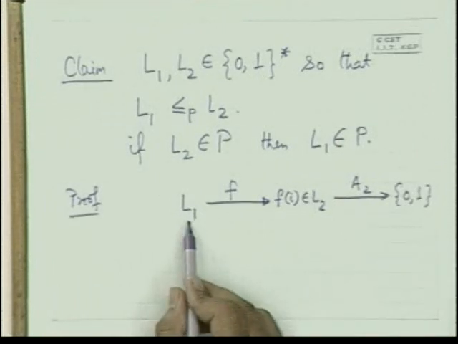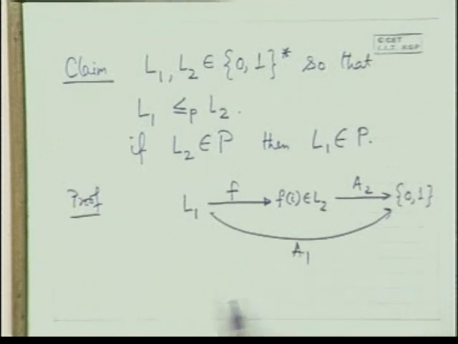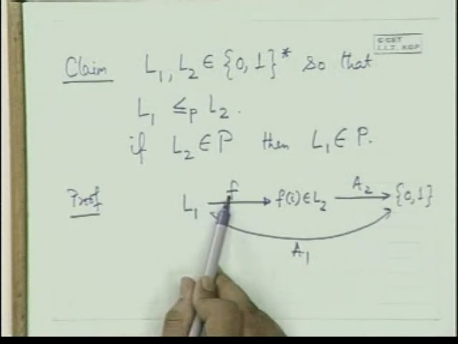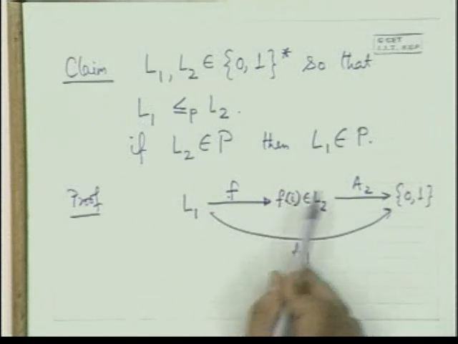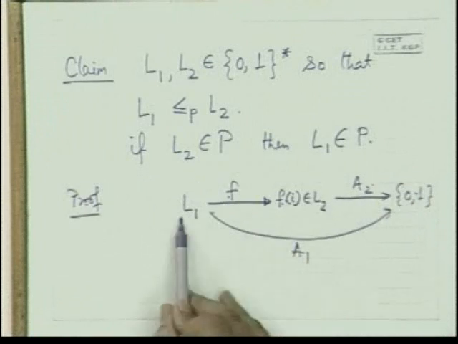So what is the algorithm for L1? This entire thing is your A1 algorithm. The algorithm A1 for L1 is, you first compute f for the instance I, then run A2 on f(I). Whatever answer is there, that should be the answer for I, because of your polynomial time reduction.